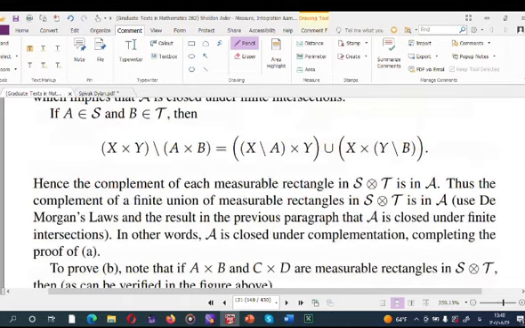Thus the complement of a finite union of measurable rectangles is in A. See De Morgan, and the result in the previous paragraph that A is closed under finite intersection. Okay. In other words, A is closed under complementation, so that the proof is complete, because A is closed under finite union.